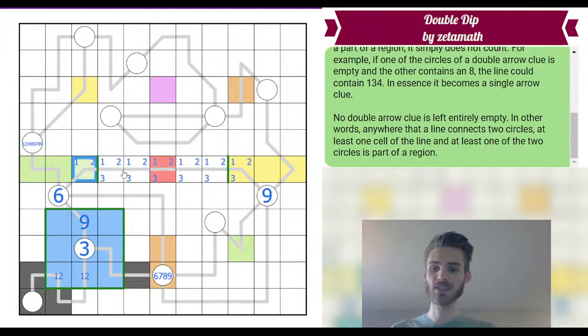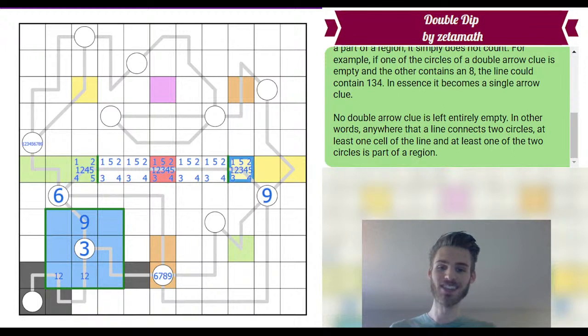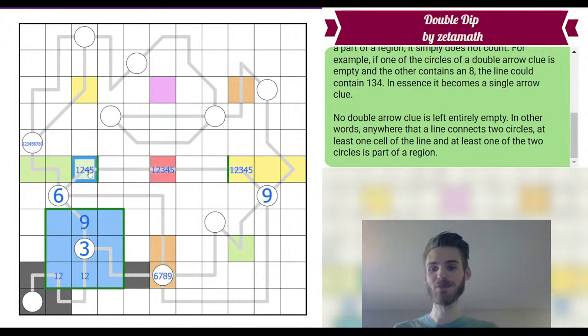So in fact, now we have 4 and 5 in here as well. A little bit of over pencil marking here, but I'll just fill in these 3 cells and then get rid of those entirely. And we know that there's 5 cells here that add up to 15.